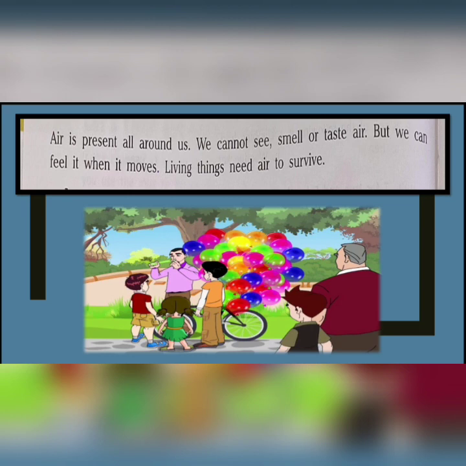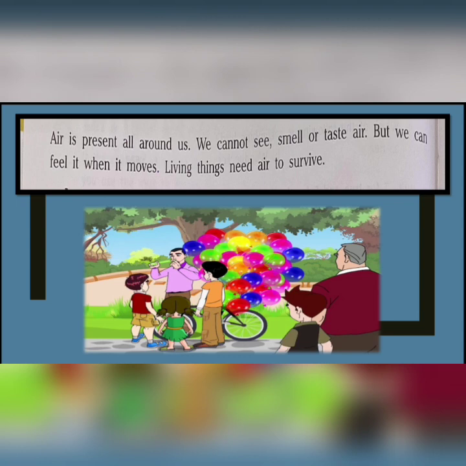We all know that air is present all around us. We cannot see it, but we can feel it when it moves. All living things need air to survive, because all living things need oxygen for breathing.